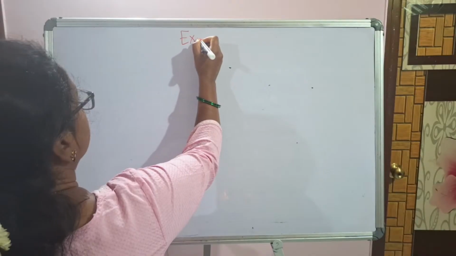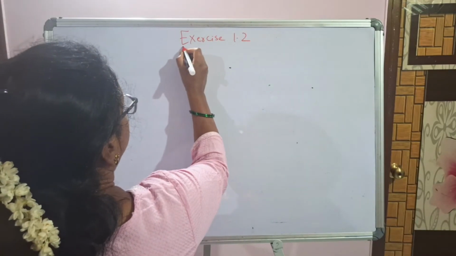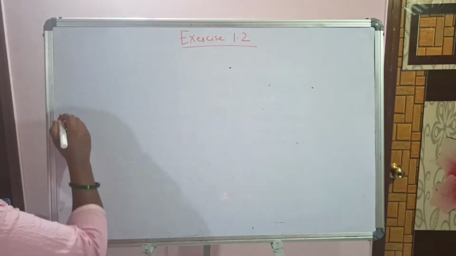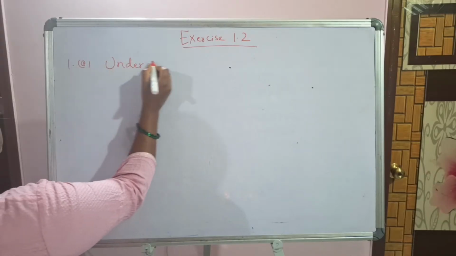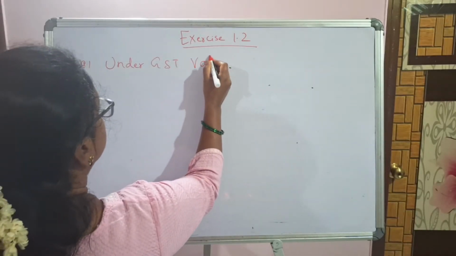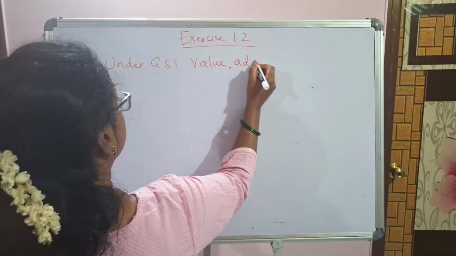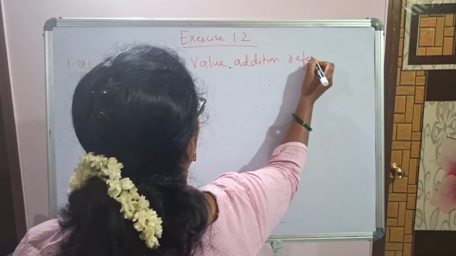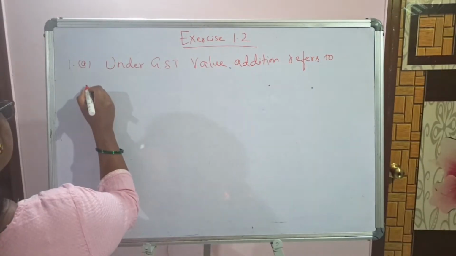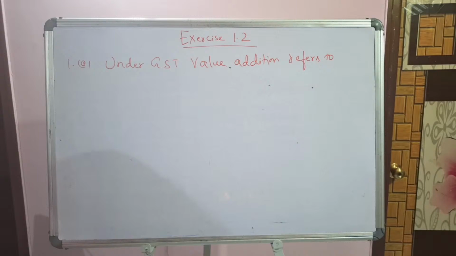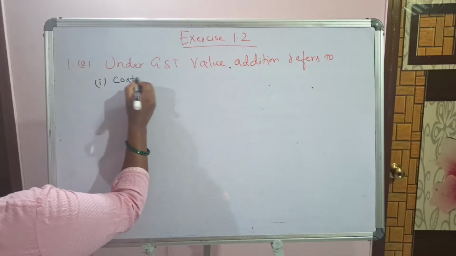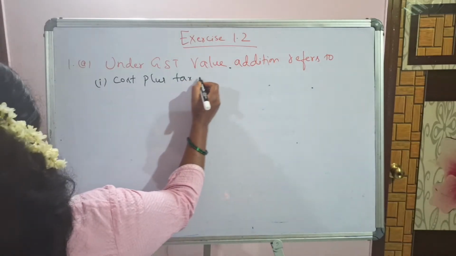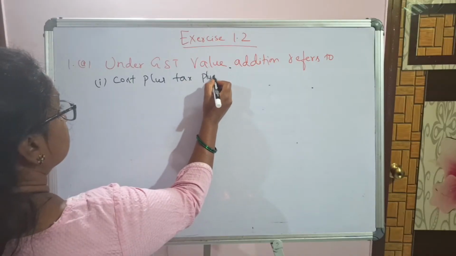Now let us start with exercise 1.2. Under GST, value addition refers to: option 1 is cost plus tax plus profit.